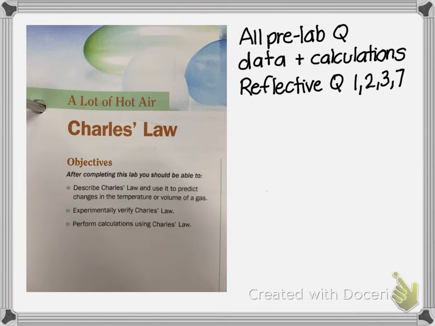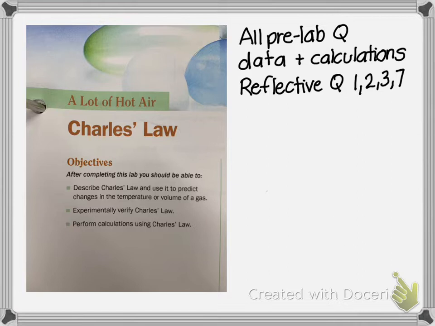I've used Scanner Pro, which is a free app, and it takes a picture of your pages and then it will convert it to a PDF file, which then you can easily upload into the Charles Law lab assignment in Canvas.